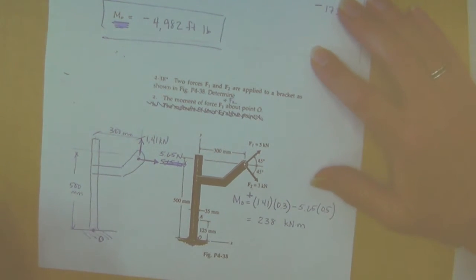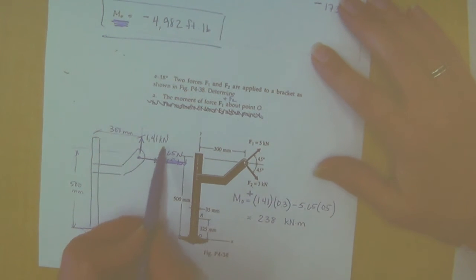What did you get? Did anybody calculate it yet? Shouldn't it be in Newton meters, because it's kilonewtons times millimeters?